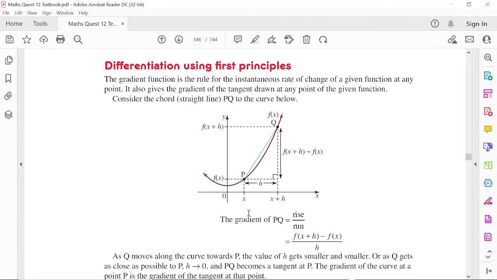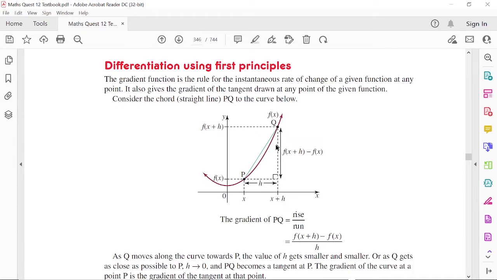And if we have a look at this kind of setup, we've just got this curve, and we have, say, 2 points there, P and Q. Point P has an x coordinate, which we'll just call x, and then P and Q are separated horizontally by some distance h, which would make the x coordinate of point Q x plus h.